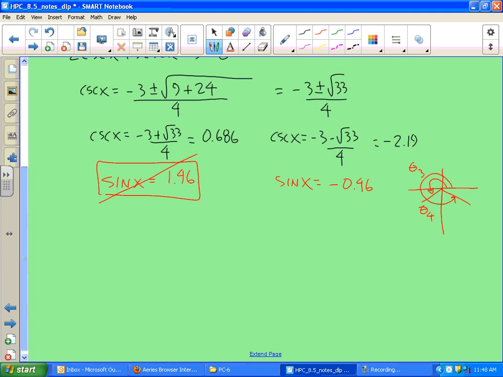Well, let's find our reference angle first. We're going to do the inverse sine of a negative 0.46. Make sure our calculator is in the right mode.